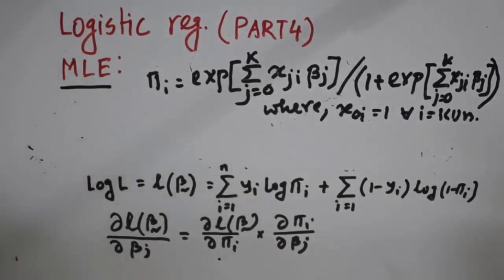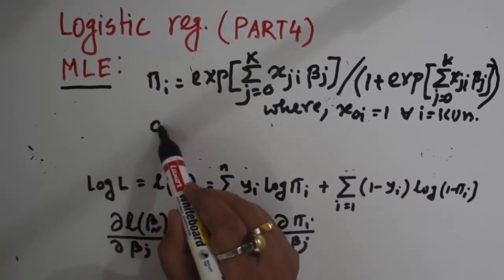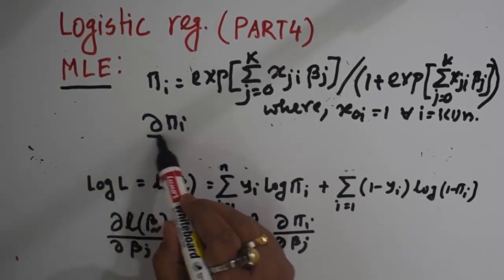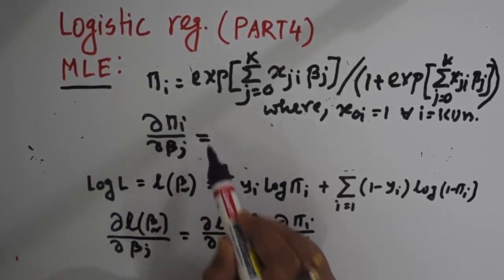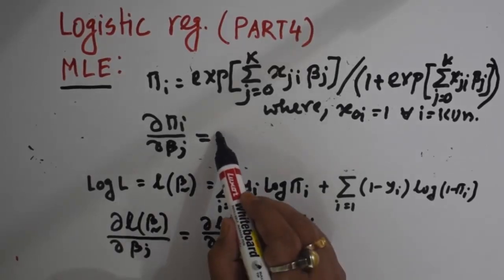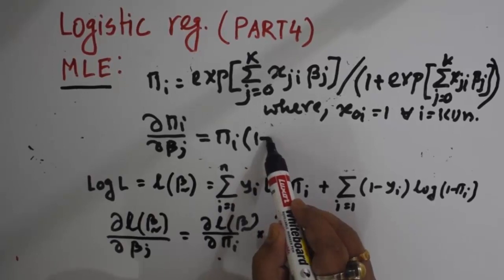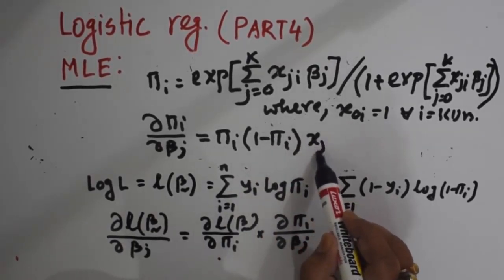This is the chain rule, and we see that the partial derivative of pi i with respect to beta j is nothing but pi i times 1 minus pi i times xji.